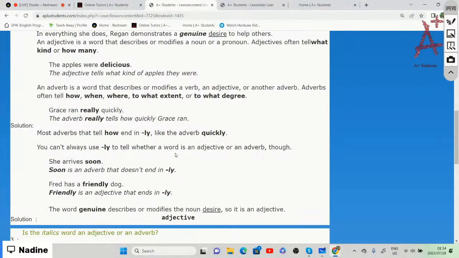And an adjective describes or modifies a noun, which is desire. So the word genuine describes that noun, desire. So that is an adjective, right?